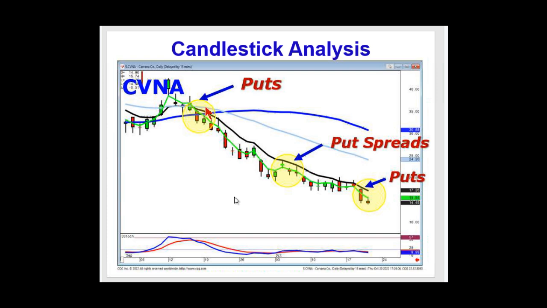So on something like Carvana, right here as it's turning over, maybe that's the best place to put on spreads. Then you've got this consolidation with your best friend gap down, another spot to put on just puts. But there's always going to be good combinations of, at some points, maybe you're buying puts here and adding spreads here.